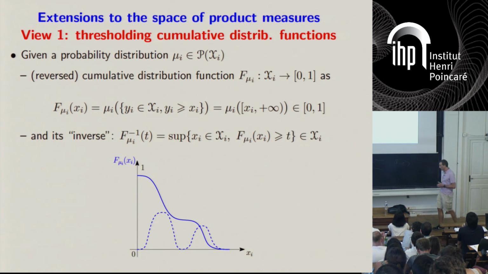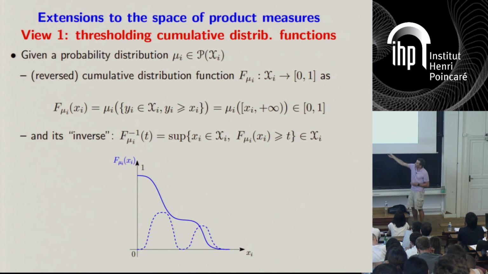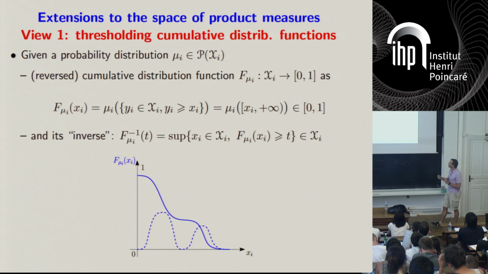This is the usual CDF setup: you go from the density in dotted to this cumulative distribution function in plain. And you can define this inverse CDF. Since this is a decreasing function, you can define an inverse, not a real inverse, because it is only strictly decreasing if you have no atoms, but you can always define an inverse, which is left or right continuous. I always forget, but choose the one that you like.